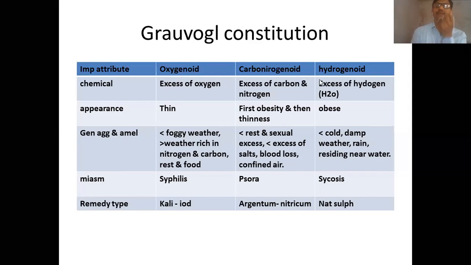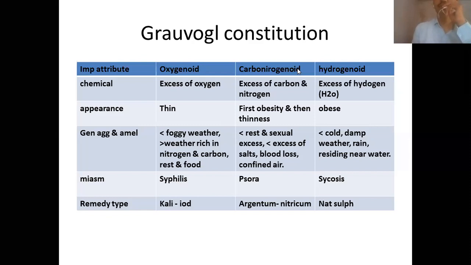The symptoms of psora are somewhat similar to this carbonitrogenoid constitution, and the medicine having this type of symptoms is Argentum nitricum. If you read the symptoms of Argentum nitricum, most of them and the carbonitrogenoid constitution symptoms are matching, and further Grauvogl says that to treat this type of constitution you must administer a few doses of Argentum nitricum.